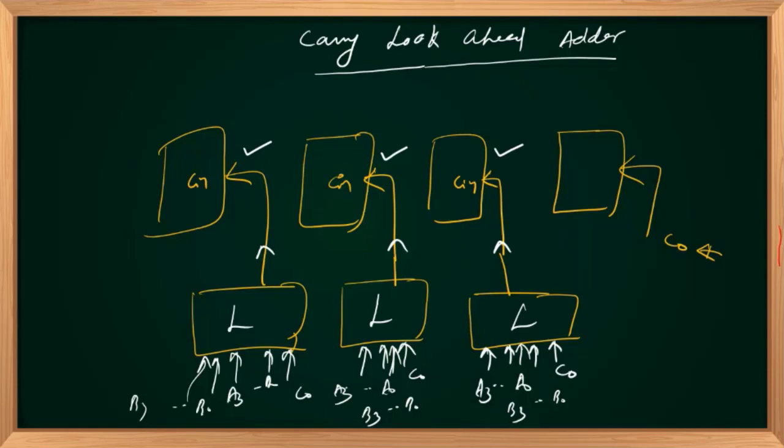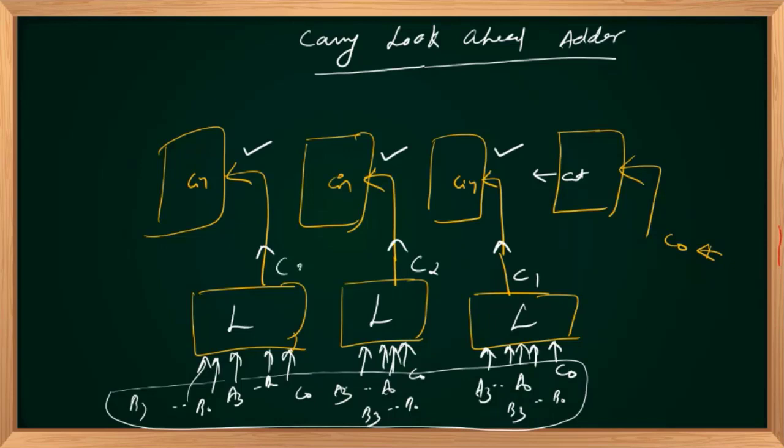We will not wait for this carry out. That will take time. Instead, directly from the inputs C0, A0, B0, A1, B1, A2, B2, A3, B3, will generate respective carry outputs. So this was my C1, this was C2, this was C3.